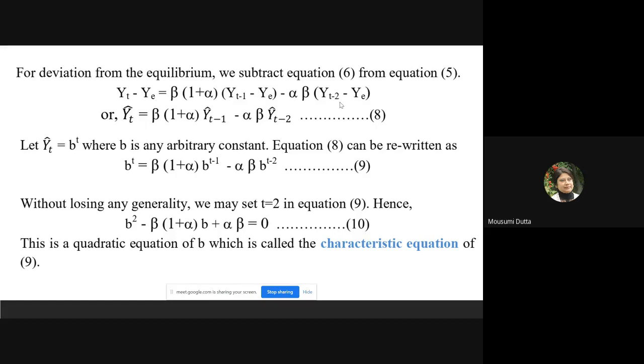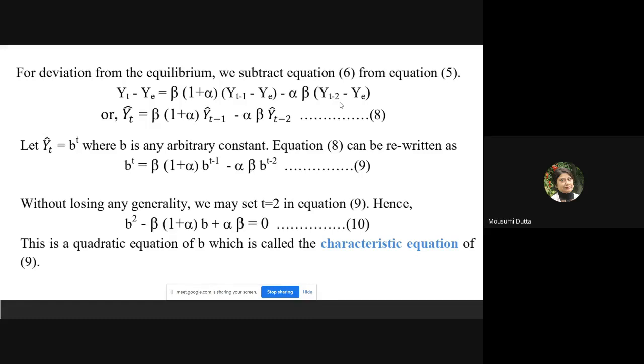YT minus 2 minus YE is called YT minus 2 hat. So I am doing the hat operation to present the model. Okay. So I hope all of you got equation number 8. Next.